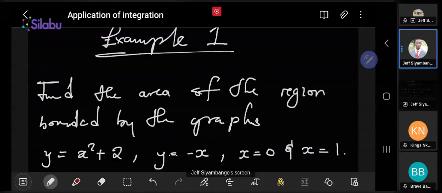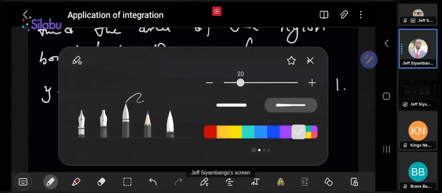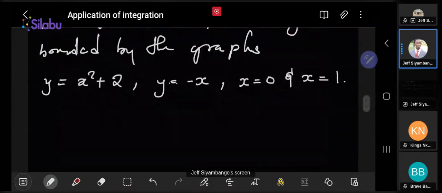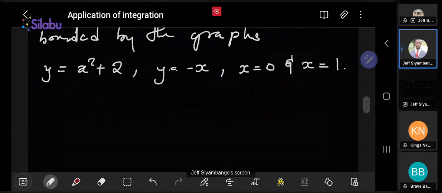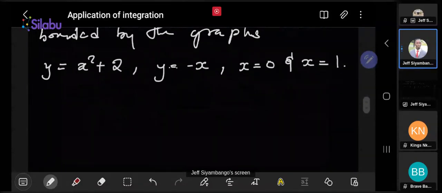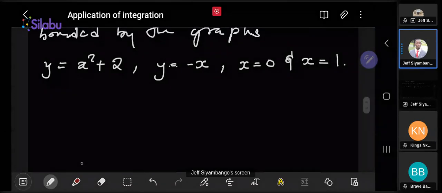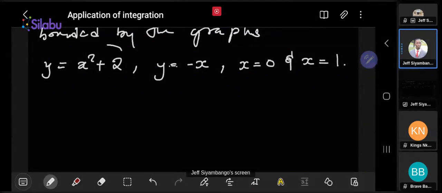Again, very basic concept. So what I'd want to do first is, can I actually sketch this? If I can sketch it, it should be easy. But even without sketching this, you should still be able to work it out. But I always like sketching them. But anyway, clearly you can tell that these are functions of x. This is also a function of x.